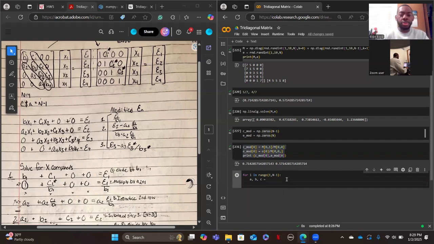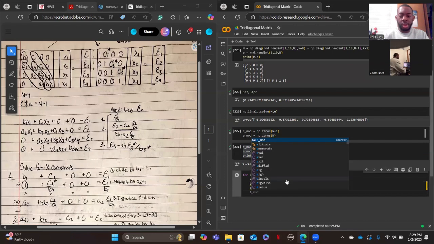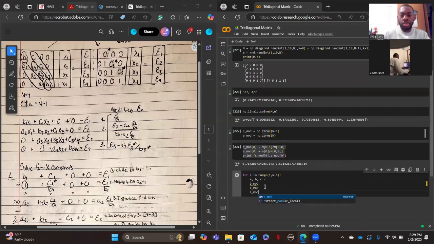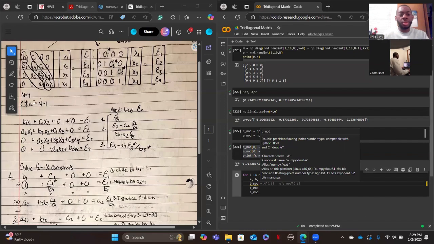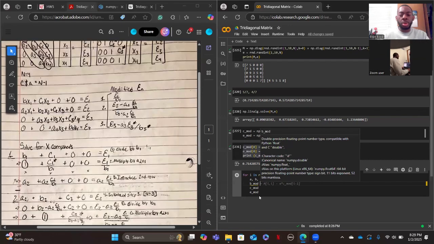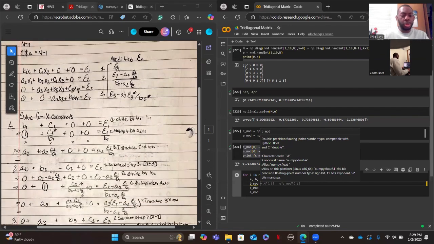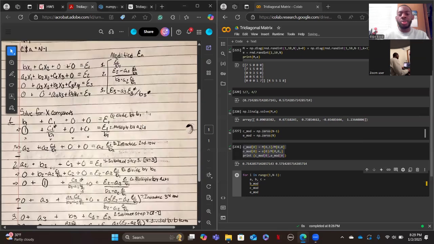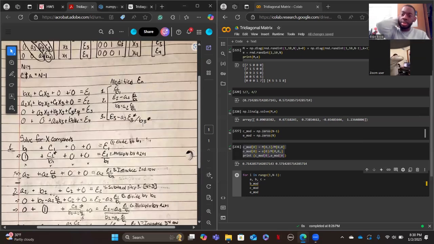We know that in this case we have 3 factors. We have our B modified, our C modified, and our E modified. And we will start with our second column here, and these would run the same way. So we can just represent the second one, and it will go through the for loop 3 times, so it'll work.